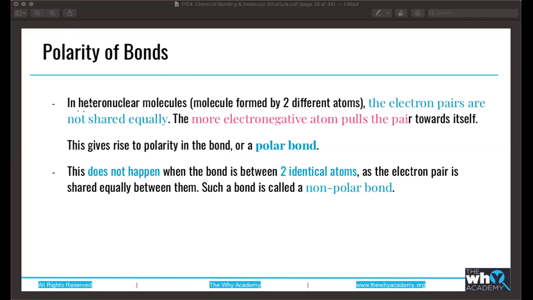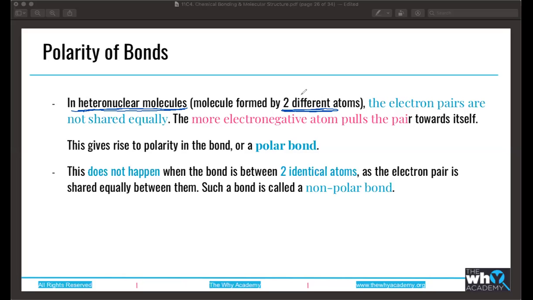What do you mean by heteronuclear molecules? So it's given right here. A molecule formed by two different atoms. So hetero is different.